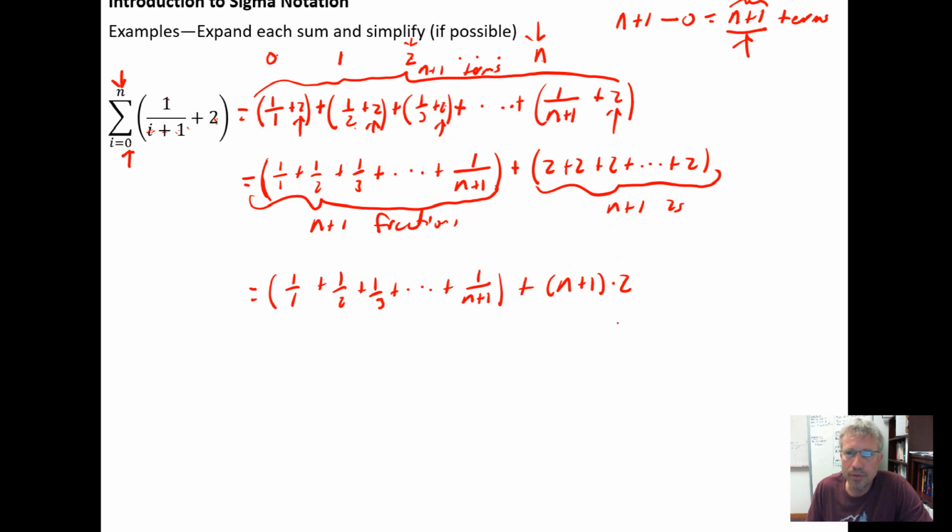And this is probably a Calc 1 class, and based on what we've done so far together, this is probably as good as we could get in terms of simplifying it. This will actually simplify, but we don't have the tools in our pocket to simplify this at this time. So I'd say we can leave it here, and that's good.